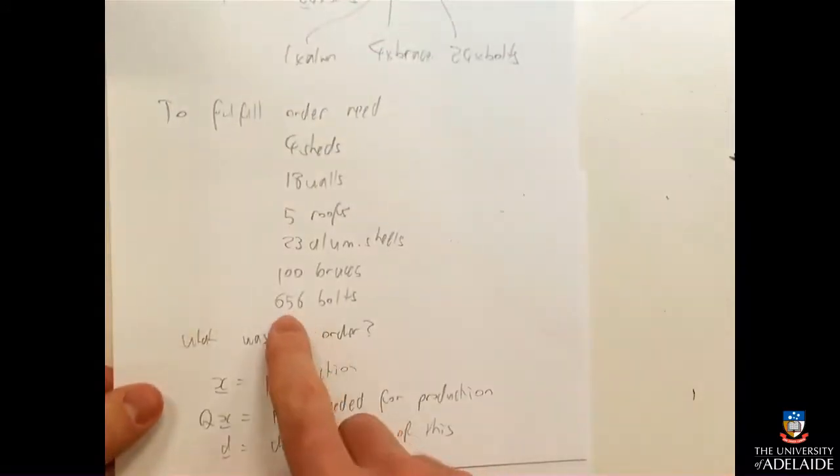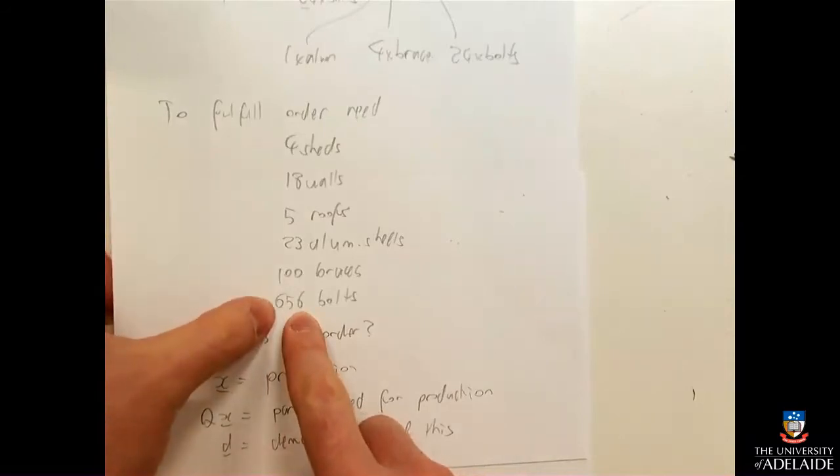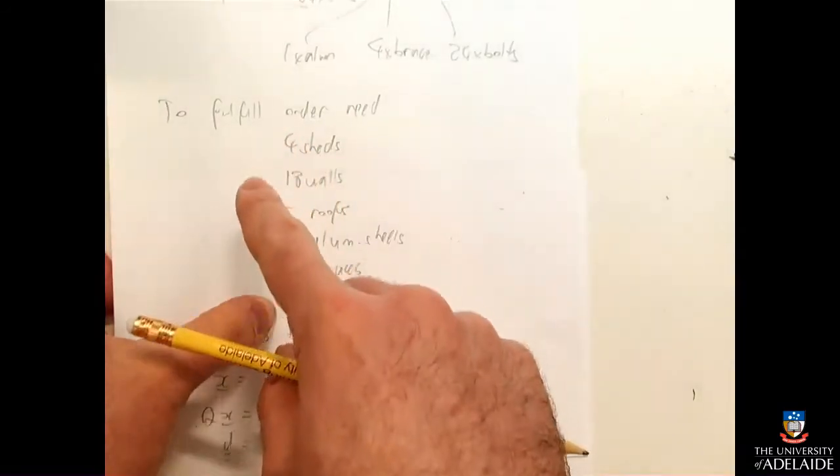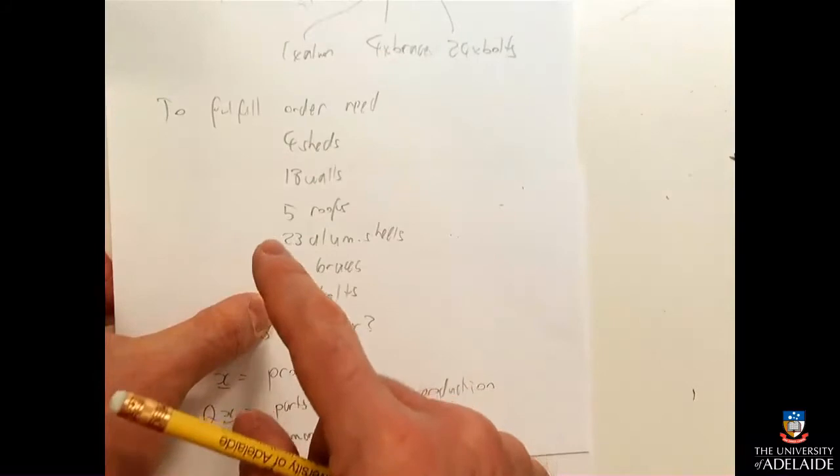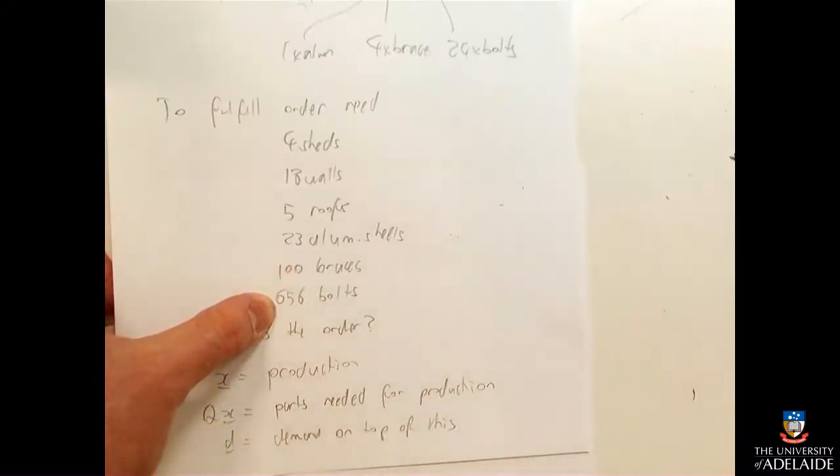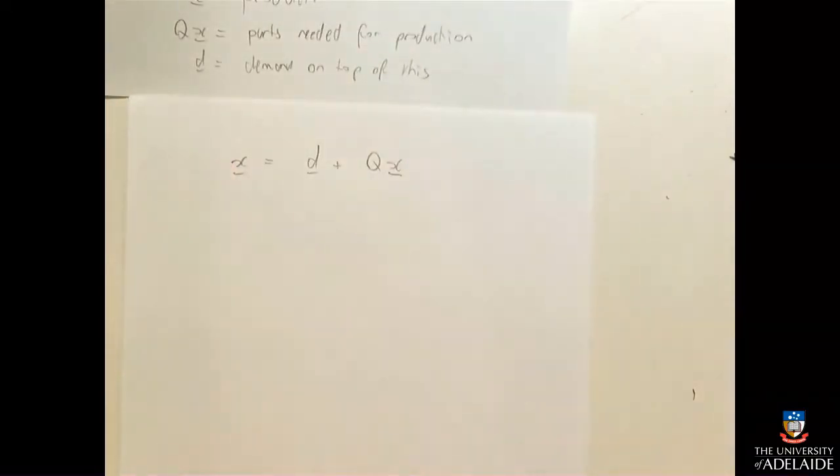So do you think this 656 is the total number of bolts, including the ones in here? I think it might be. I might be reading this backwards. Usually that would be separate. Okay, well, let's see what happens when we do this calculation. Because with the examples, that would just be 660 plus whatever was put into building the shed and stuff.